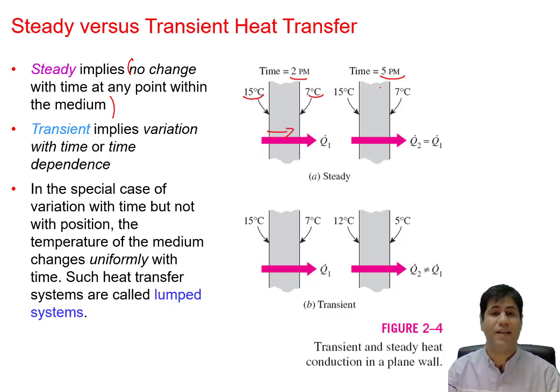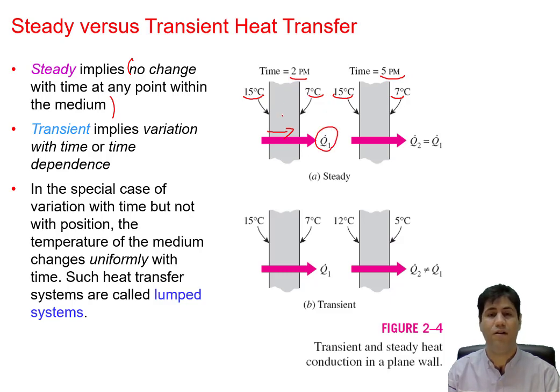At 5 p.m., the temperature is still 15 degrees Celsius and 7 degrees Celsius, so we still have heat transfer in this direction. But the value of the heat transfer rate is also the same, because the temperature has not changed. Each one of them is still the same: 15, 15, 7, 7 degrees Celsius.